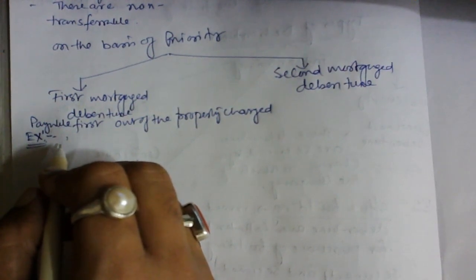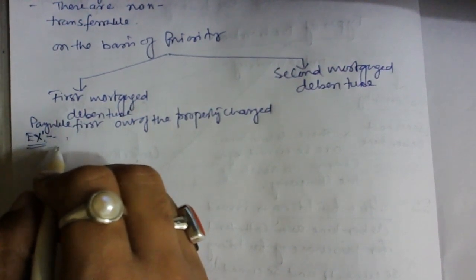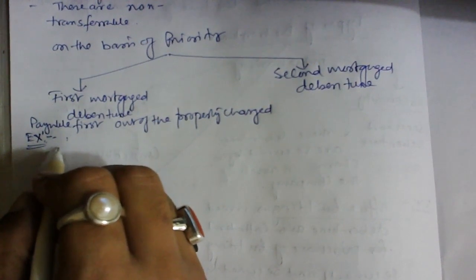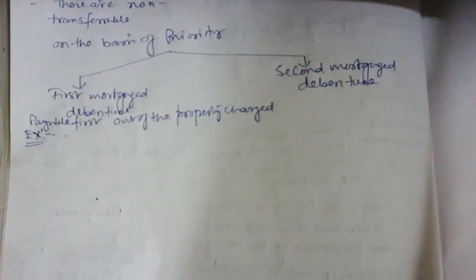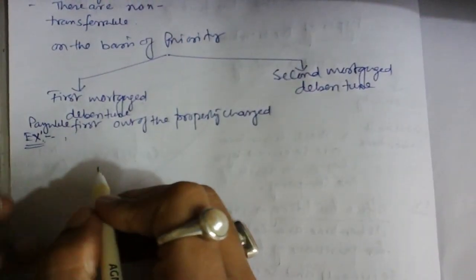Just wait, I am just thinking of one example so that you can get a better idea of that. एक example एक बार देखता हूँ. In the given case, what happened, guys?